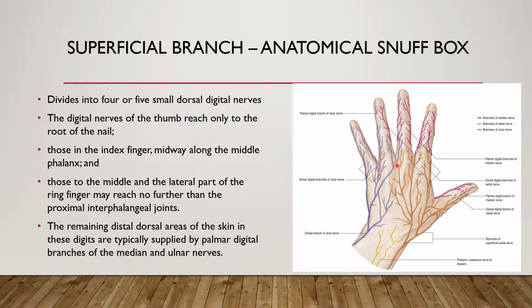And the fifth branch comes here, again divides into two, one branch to the middle finger and a branch to the ring finger. But when the student writes about the distribution, they should write that the first dorsal digital branch to the thumb goes up to the nail bed. Concentrate, up to the nail bed.